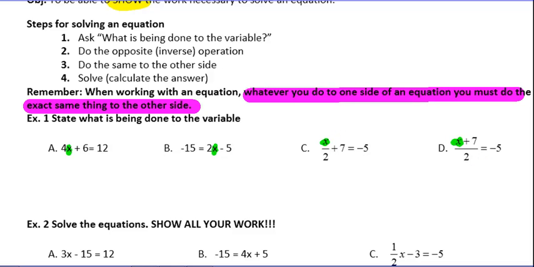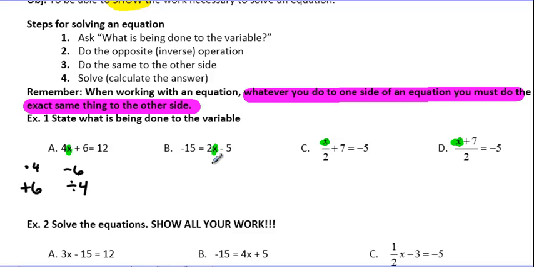We always read closest and expand out to the equal sign. So here, 4 is the closest, so we're multiplying by 4 and we are adding 6. Therefore the opposite would be to subtract 6, then divide by 4.